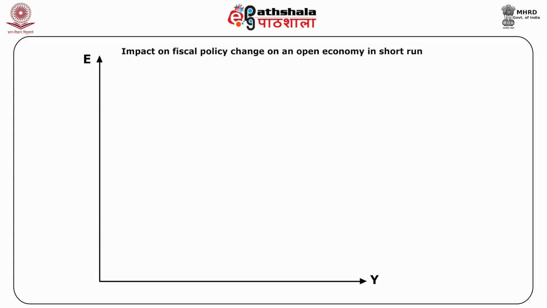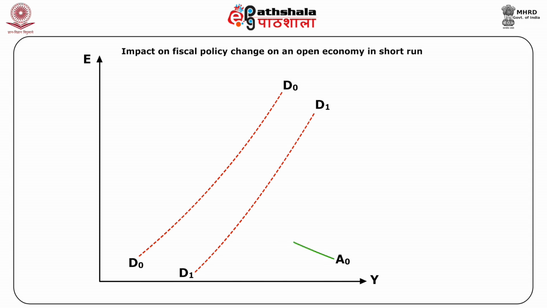The DD curve showing goods market equilibrium will shift to the right from D0D0 to D1D1. There is an increase in aggregate output and income, which increases money demand. In the money market, given the real money balances and domestic price level, there will be an excess of money demand over money supply, which will push the interest rates upward.